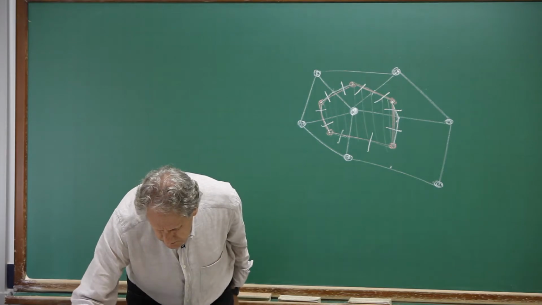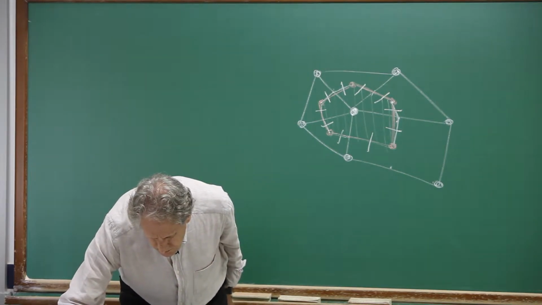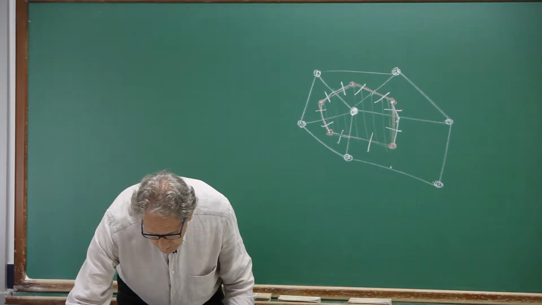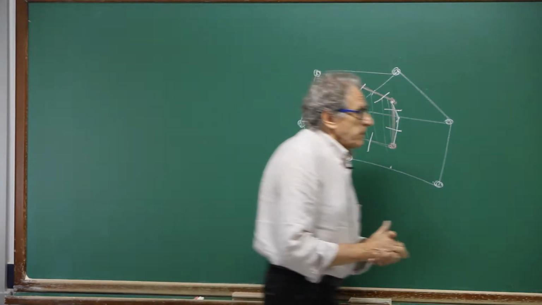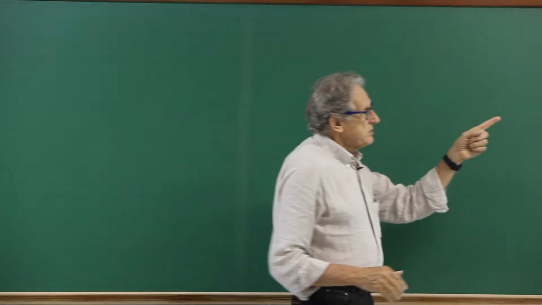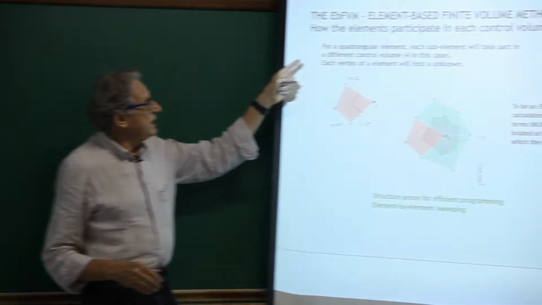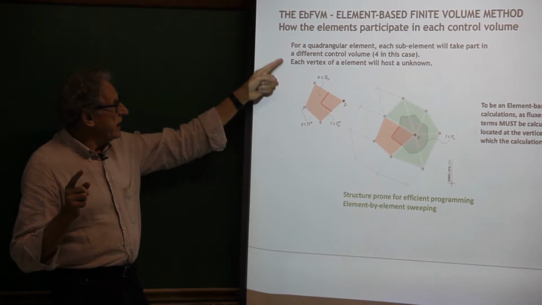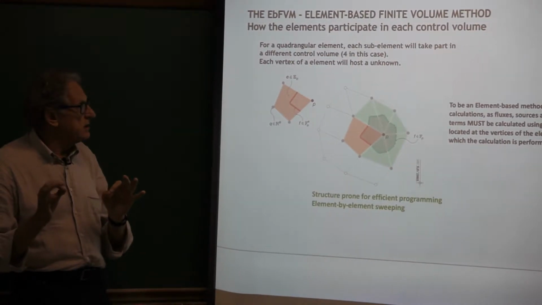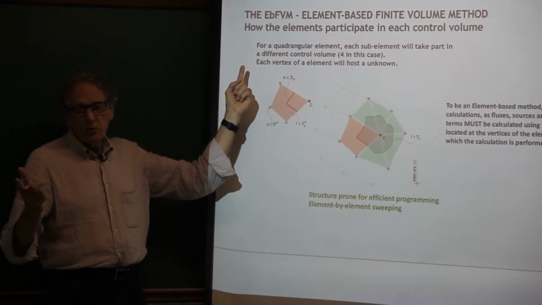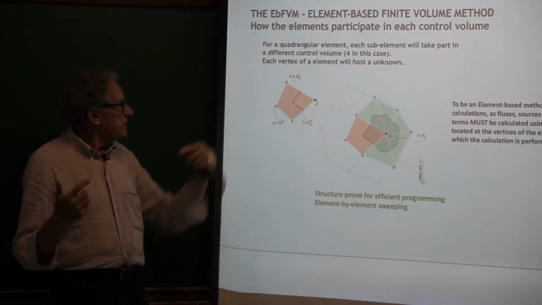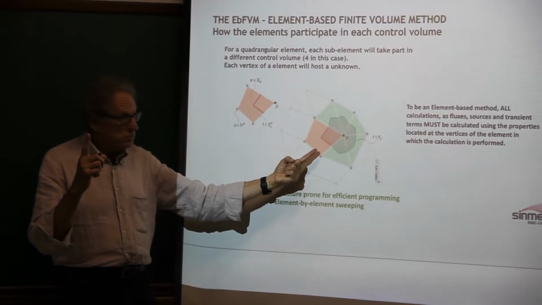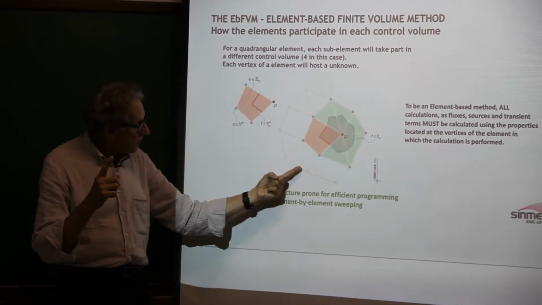Here we are again. And there is the question I'm already explaining: how the elements participate in each control volume. For a quadrangular element, each sub-element or sub-control volume, if you want to call it, takes part in the conservation for other control volumes.